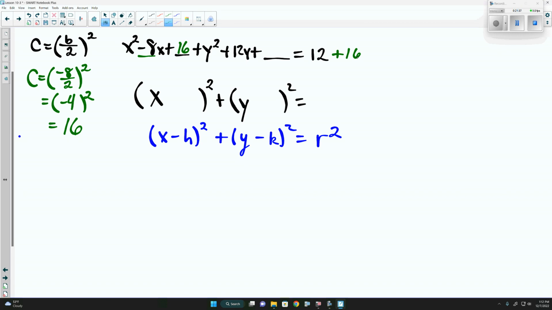Now we can go on and finish off the set of parentheses because it worked out that whatever was inside the parentheses before we squared it is what went inside the parentheses there. So x minus 4 squared, if we actually factor that back out, would be x squared minus 8x plus 16.